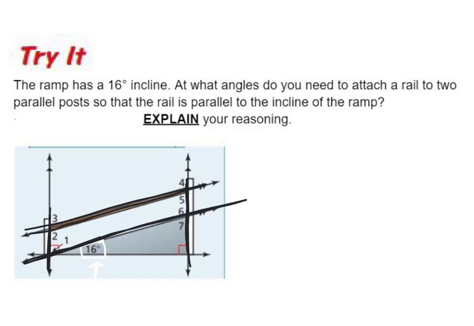So here's what I see. We have a 90-degree angle right here. So if that's 90 degrees and 16 of those degrees are used up, then 90 minus 16 gives me 74. So angle 1 is 74 degrees.